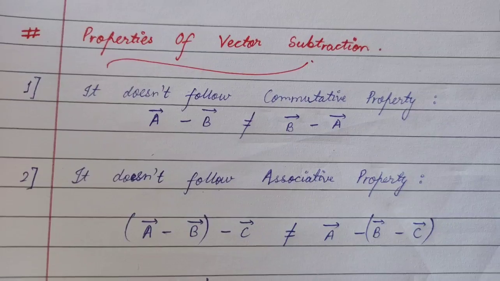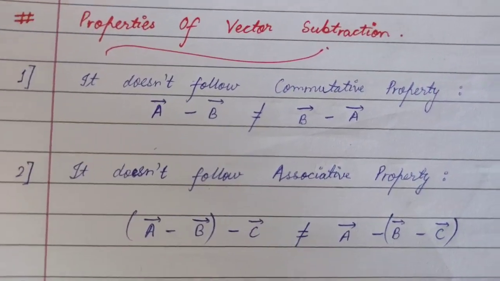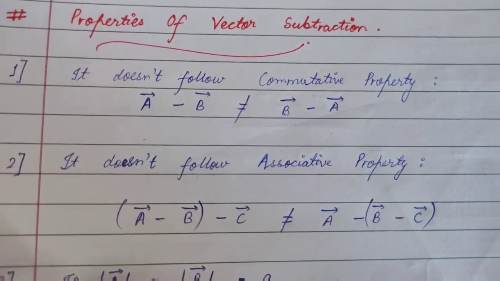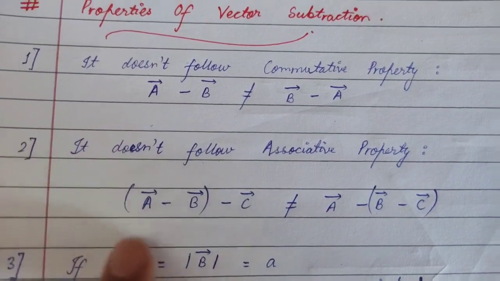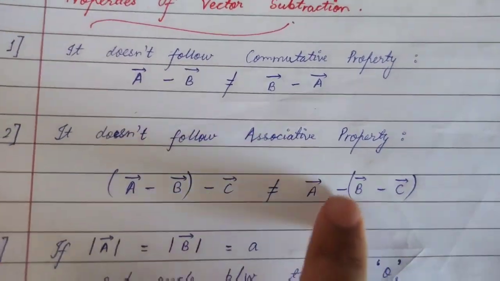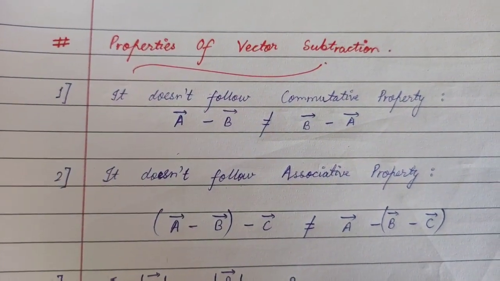Like 3 minus 2 and 2 minus 3 are not equal. Similarly, it does not follow the associative property. If we subtract a minus b and then subtract that whole thing from c, it is not equal to subtracting b minus c and then subtracting it from a. Both cases are different from each other.